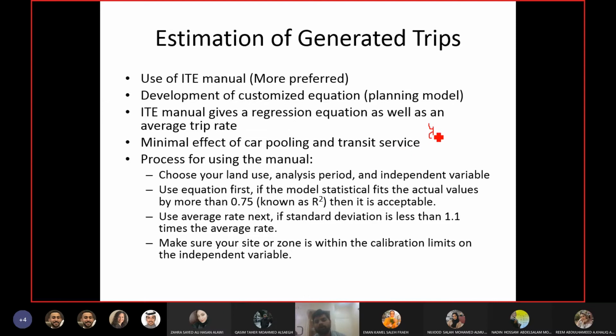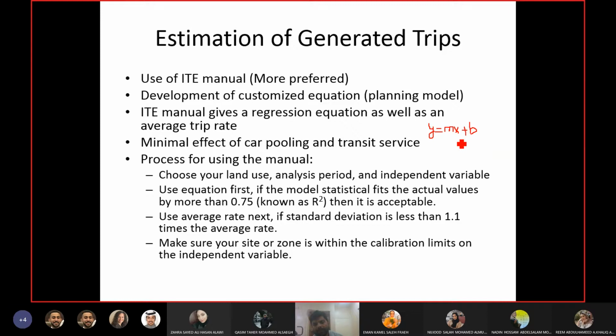Just write y equals m x plus b. This is the general form of the regression equation, the equation of a straight line, where m is the slope, the coefficient of the equation, and x is the value of the x variable.